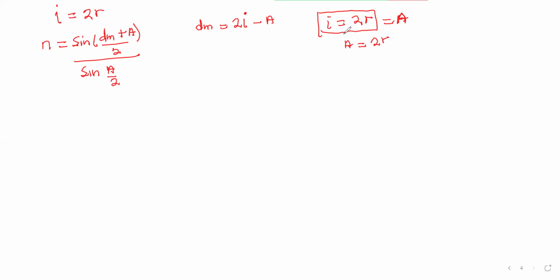If at the minimum deviation, we are told that I is equal to 2 times R, and we know from the theory that at that same point, A is equal to 2R, then we can say that at the minimum deviation, the angle of incidence is equal to the refraction angle of the prism. Class, are you okay? Hello, are we okay? Yes, sir. The rest of you are quiet. What's the problem?